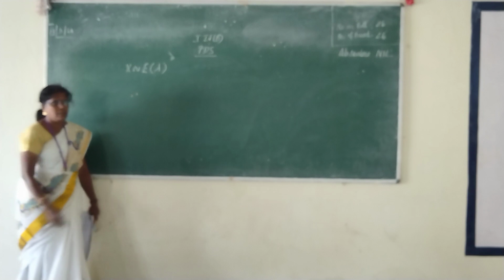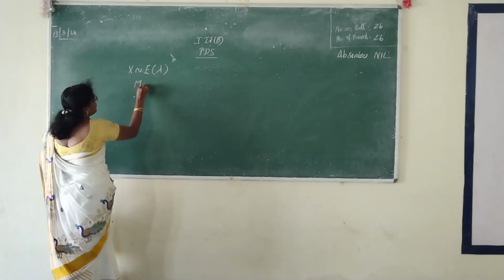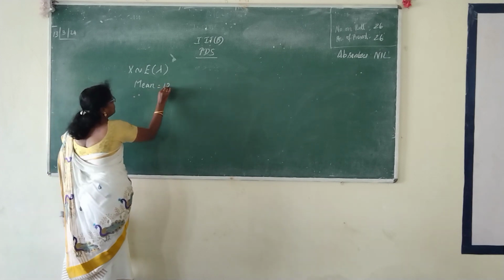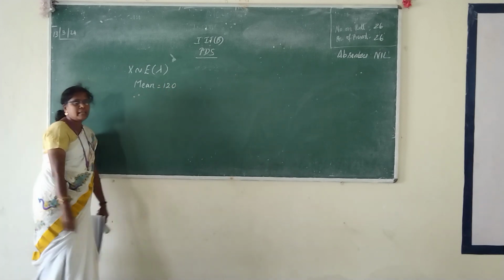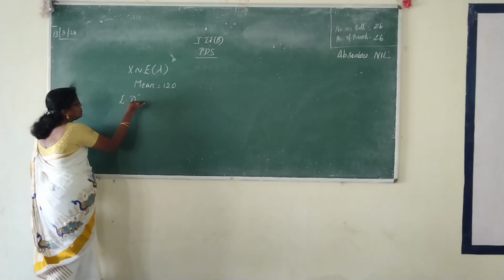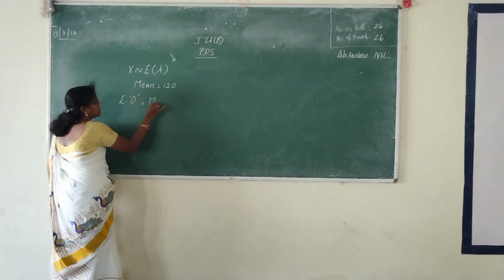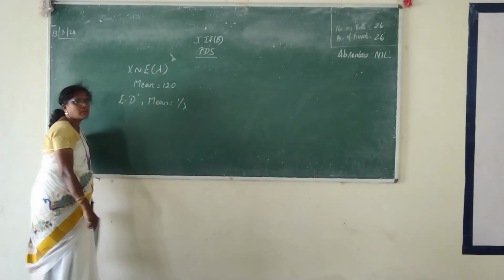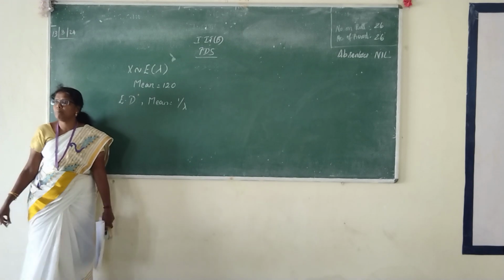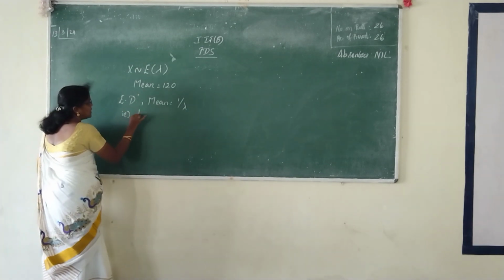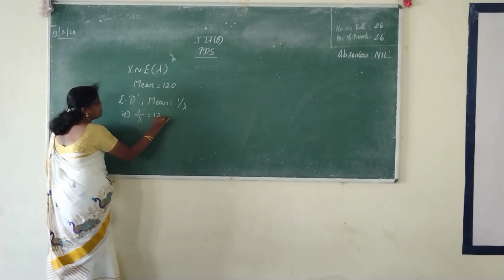So write given mean is equal to, what is the mean value given? 120. Right, next line. For exponential distribution, mean is equal to 1 by lambda. That is, we are given 1 by lambda equal to 120.